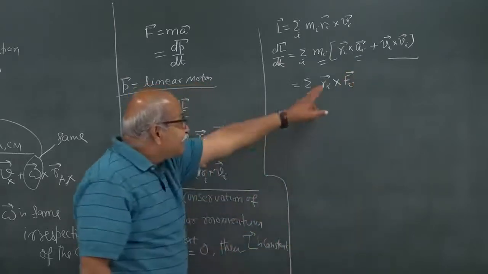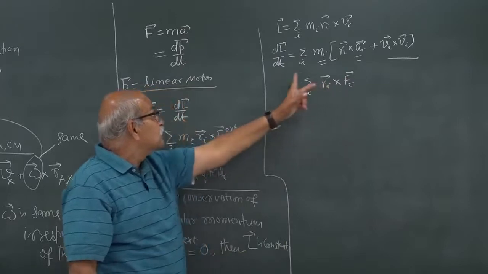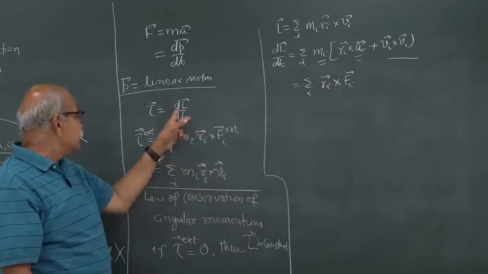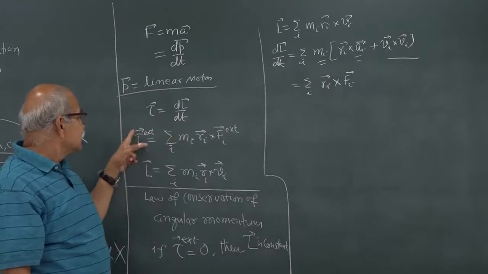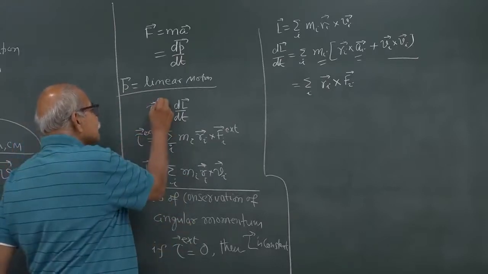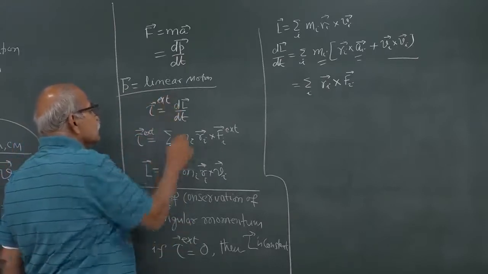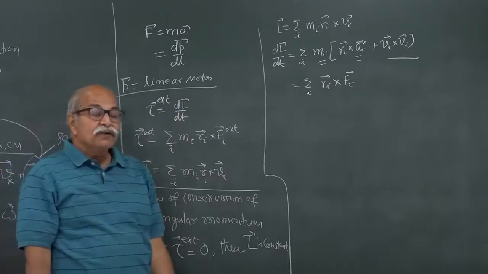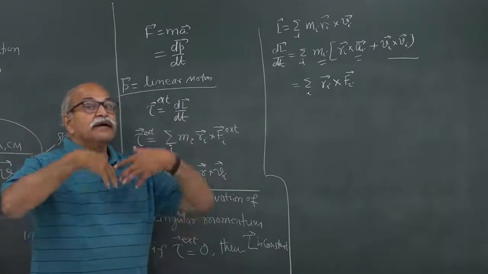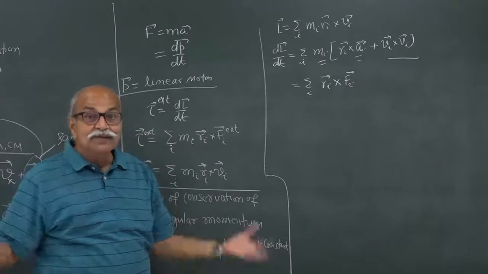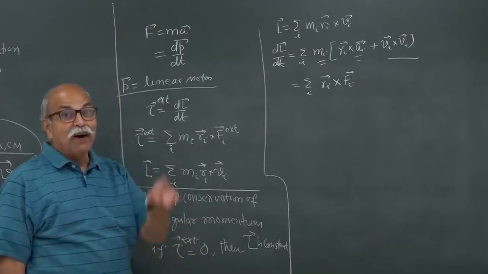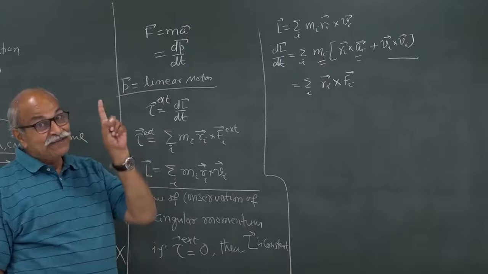But that does not prove this relation that dL/dt is torque external. This is external torque I have written. That means the torque by the forces by objects outside that rigid body, not part of the rigid body. So, that is what I am calling external.